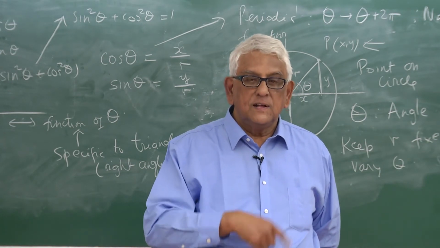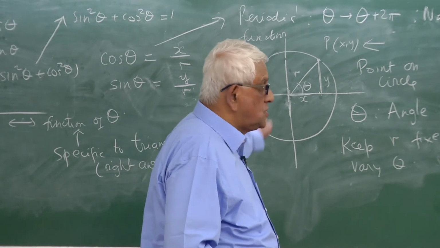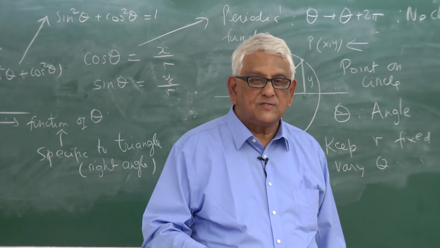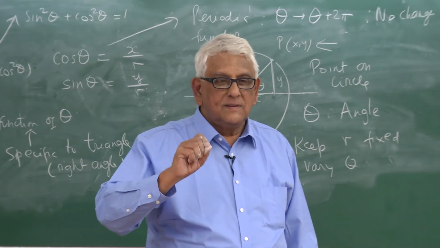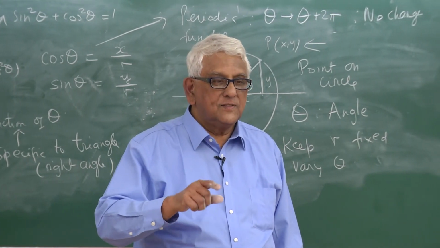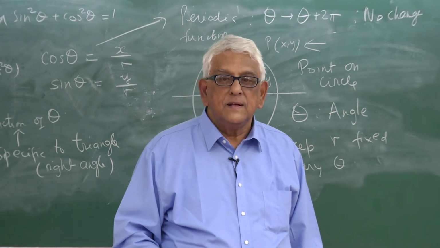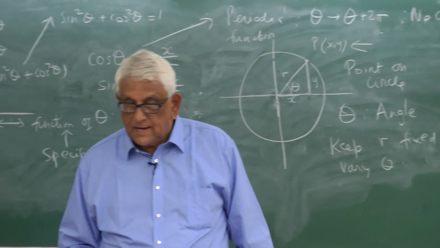So, for example, the winding number in the picture is a geometrical object, but in the algebra it is just a statement about theta being periodic, theta plus 2 pi n, where n is an integer, is the same.